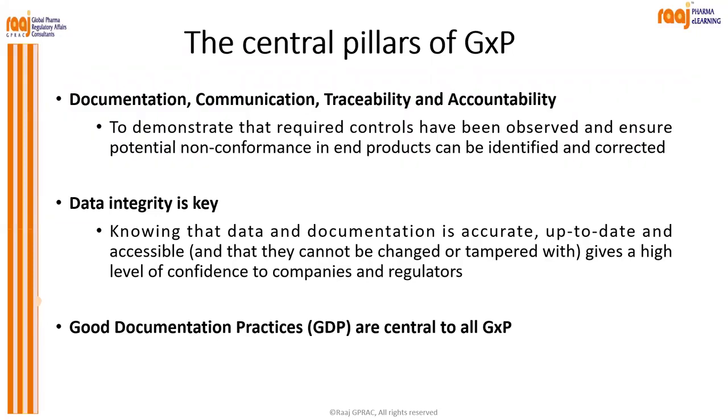Am I right? So how do you maintain your robust quality management system? By way of risk identification, risk evaluation, risk mitigation, and risk control.